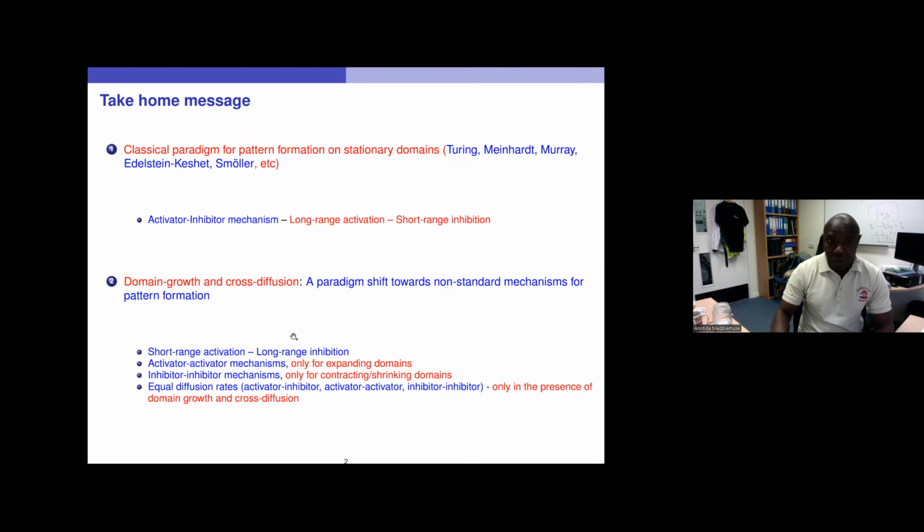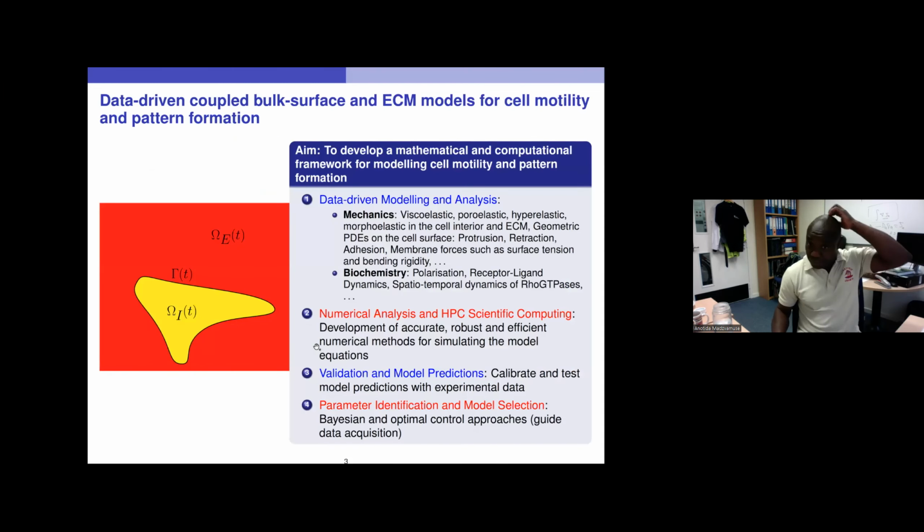Some of you might not know exactly what I do every day, so this slide says what my research group focuses on. I'm interested in data-driven modeling, from experiments all the way to validation and back again to experiments, where mathematics plays a crucial role in that transition.